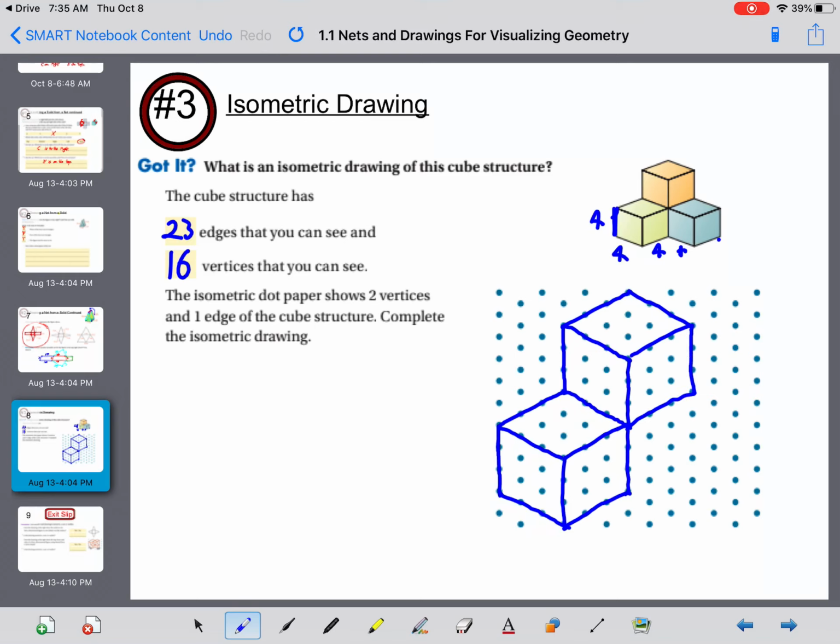Here's your other side. And there's your shape. All right, so here's an isometric drawing of a cube structure. We're going to continue to practice isometric drawings. Nice visual, semi-easy to do.